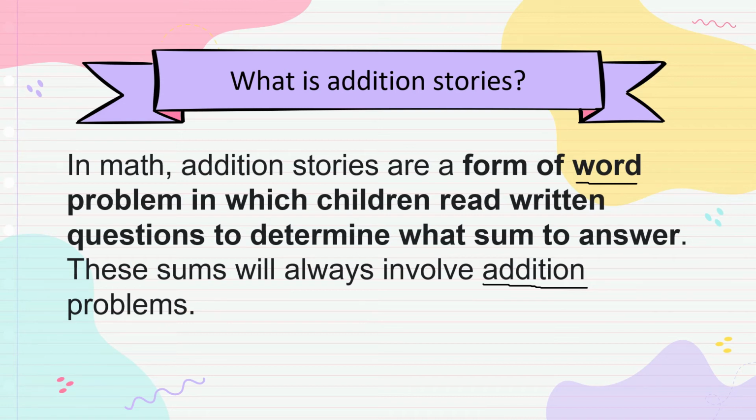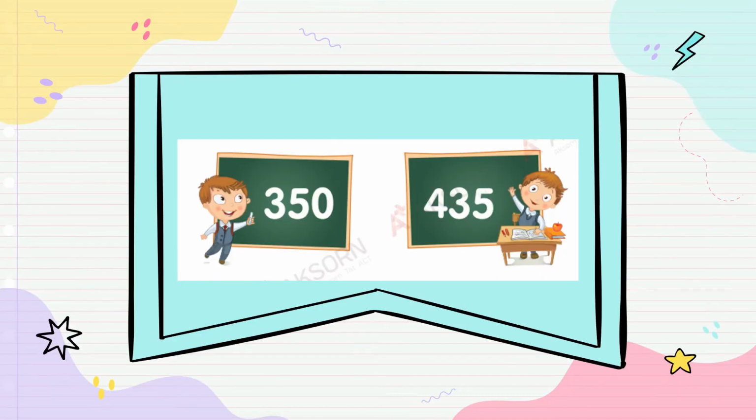Okay, so we have 350 and 435. We can make our own story based on the given numbers. So this one is the given numbers. So we're going to create a story.